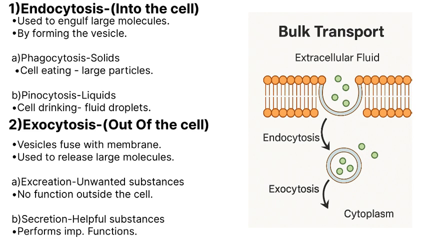Endocytosis is a process by which the cell membrane folds inwards to form a vesicle-like structure that requires some amount of energy, ATP units. That's why I said it is one of the active transportation systems. It forms this vesicle that brings the substances inside the cell, and there are two types, phagocytosis and pinocytosis.